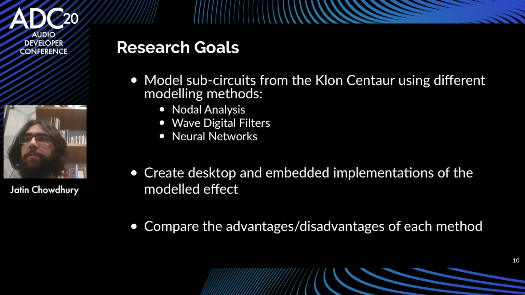But when you're just trying to make a really good model of some circuit, oftentimes the method that you choose has to be more dependent on the circuit itself and what the circuit needs and what method the circuit is most suited for. So that's something I was hoping to prove through this exercise, is how different circuit modeling methods can work better for different circuits.